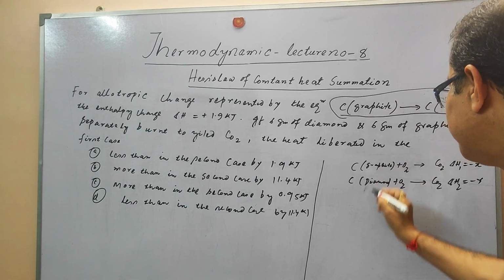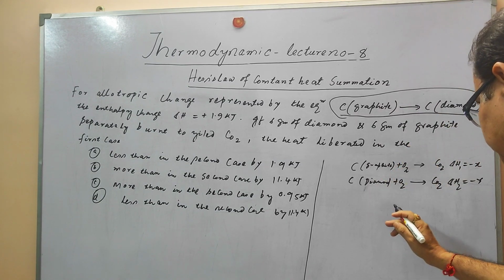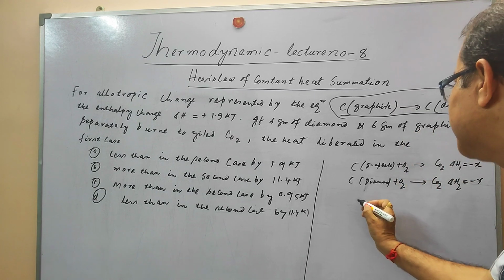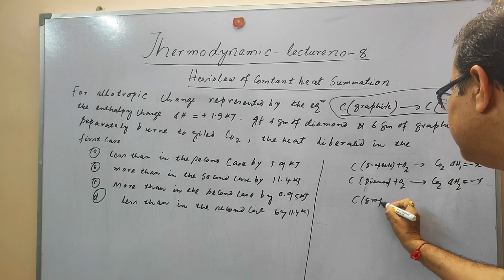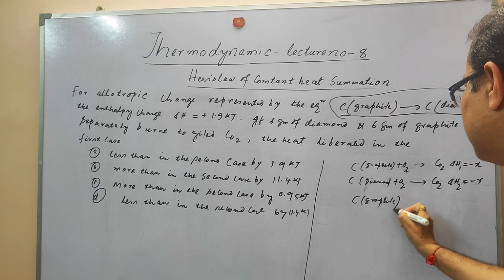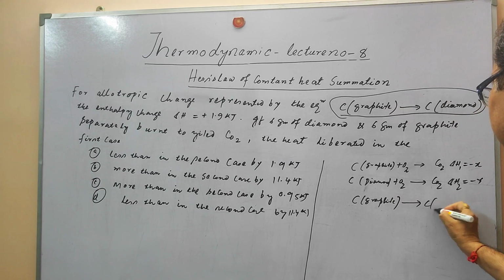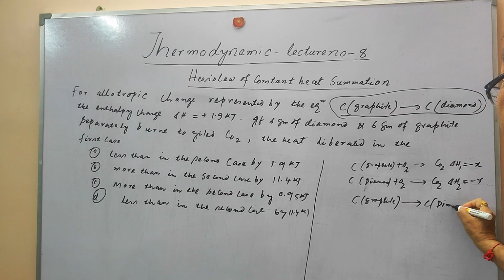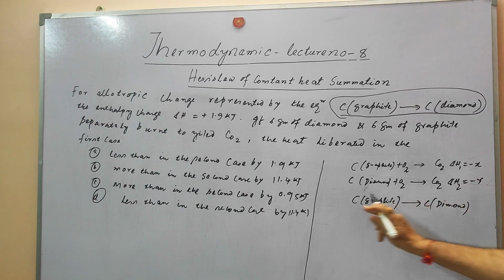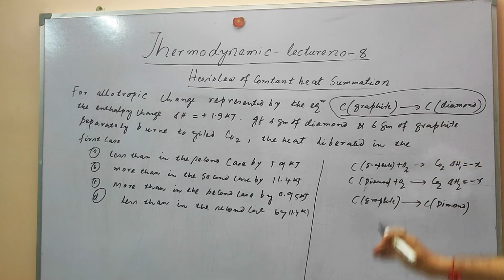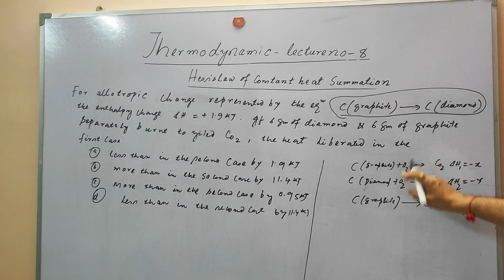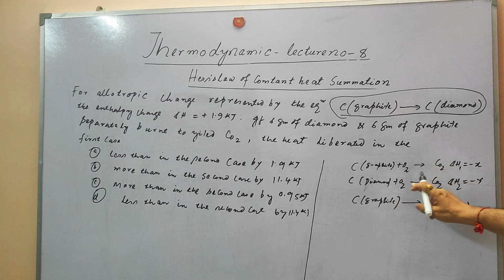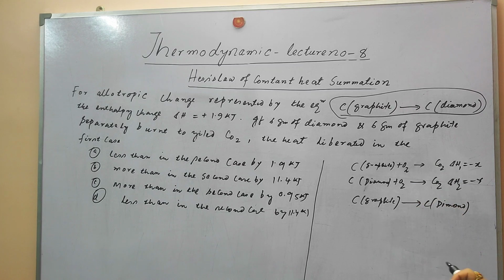So if we subtract this equation, we will get graphite to diamond. Understand? How do you get this reaction from these two reactions? We just subtract them. When you subtract, oxygen and carbon dioxide cancel each other.